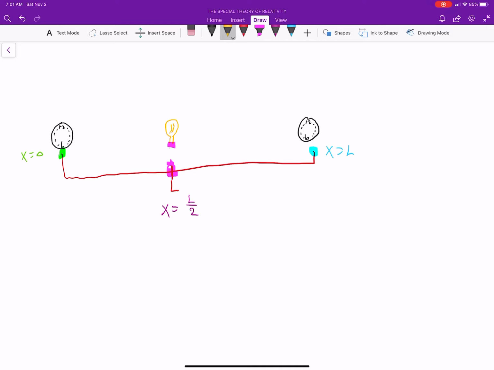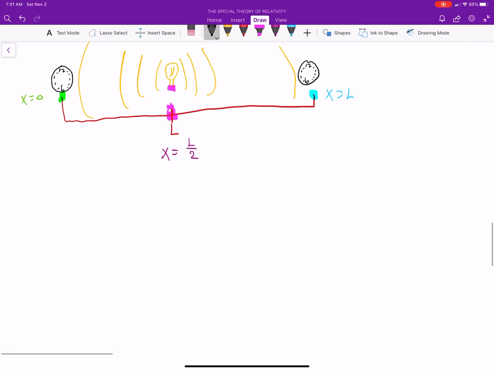Now once you turn on the light, we're going to have light waves emitted in both directions. I didn't really draw this to scale very well, but the point is they're equal distance. So the light from the light bulb should reach both clocks at the same time and start our clocks. In fact, we can find the time.